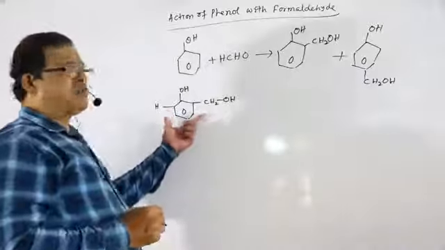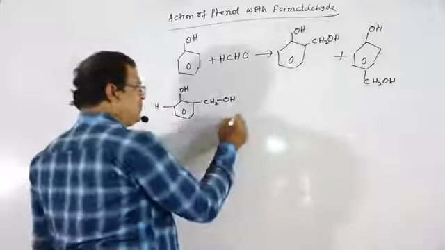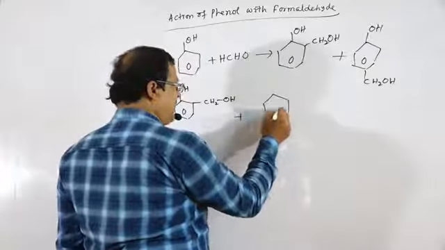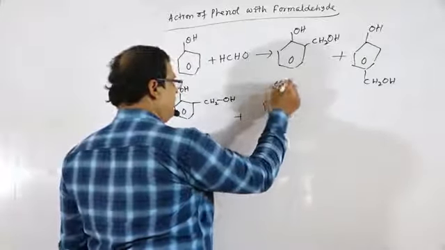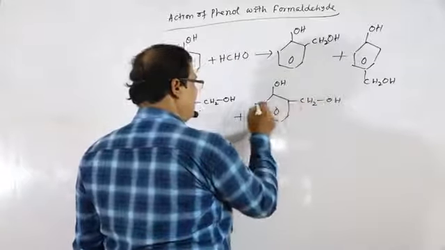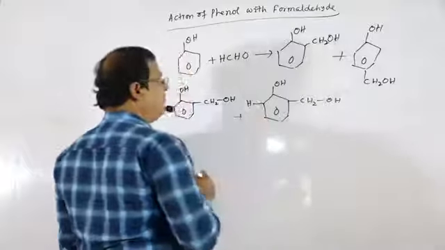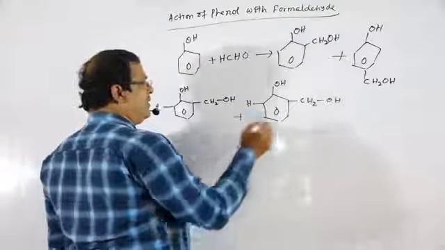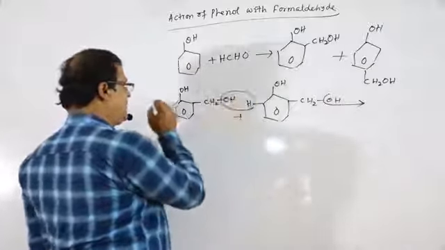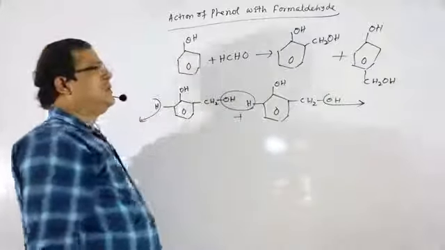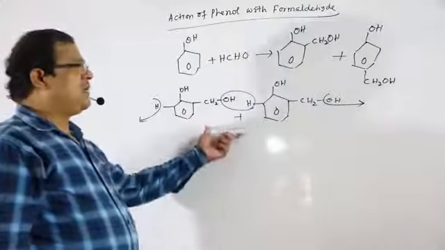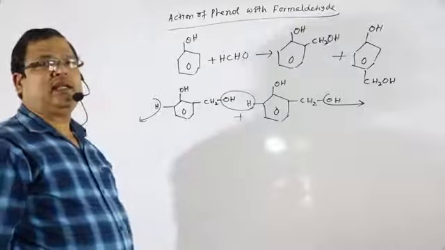So this ortho product will get polymerized. This part is removed, H and OH combine to form water. How do these ortho products combine to form linear bakelite?